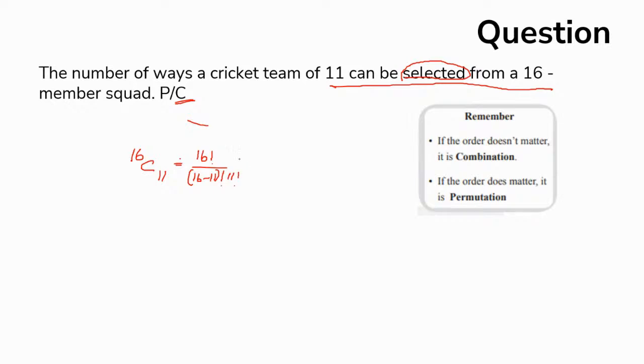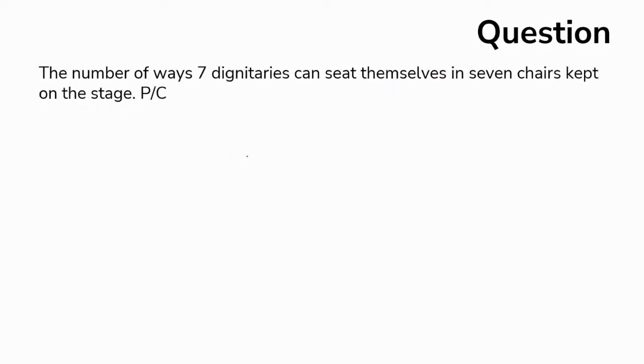This will give you the answer, and you can calculate the value. Moving on to the next one: the number of ways seven dignitaries can seat themselves in seven chairs kept on the stage.